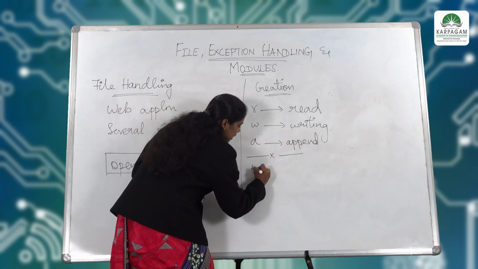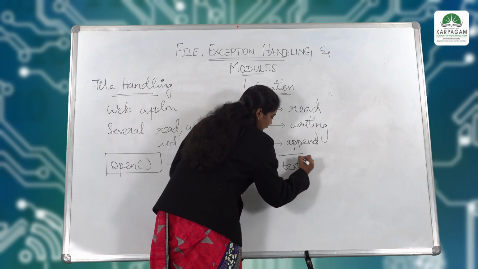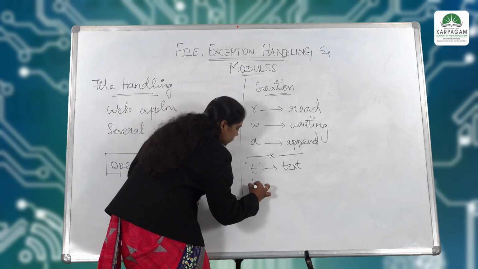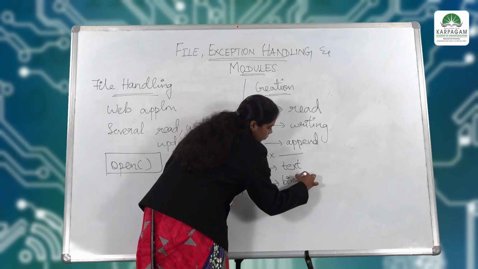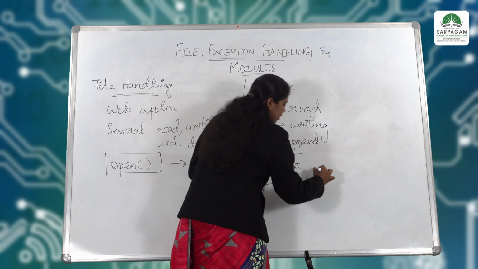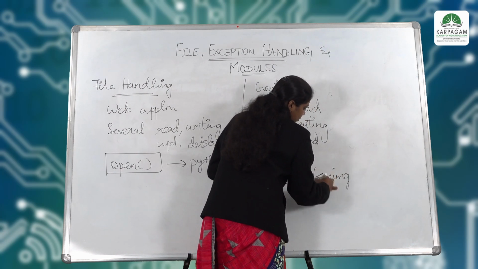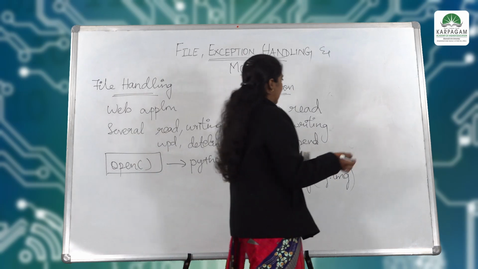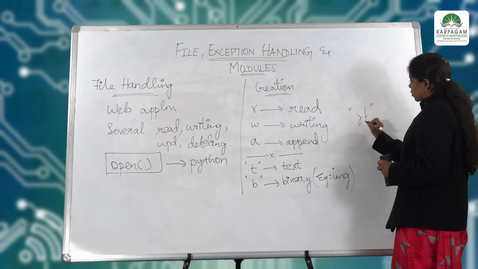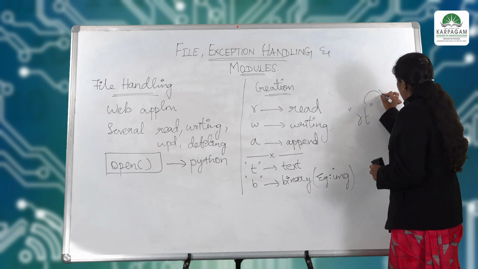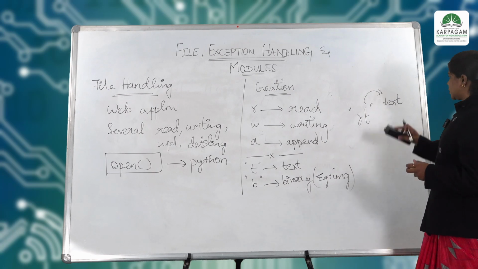One is T for text file and one more is B, that is binary file. Binary file, for example, like images. Now you can understand that line. RT represents reading mode of a file as a text file. So that is the meaning for that.